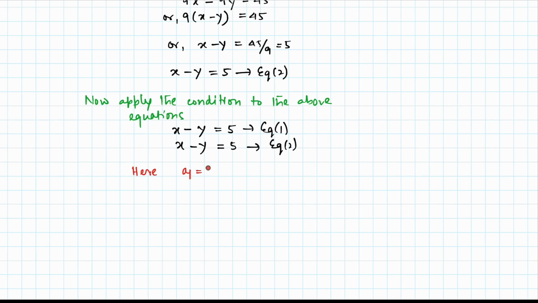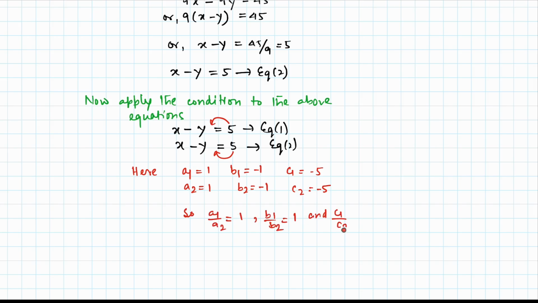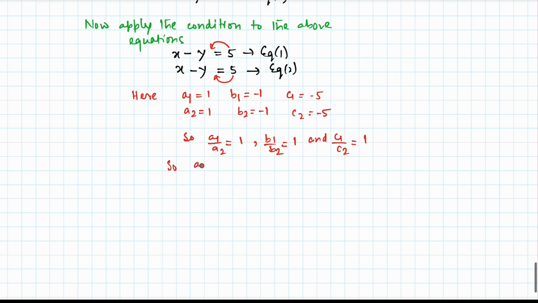If we use this condition technique, a1 by a2 is 1 by 1, b1 by b2 is minus 1 by minus 1, c1 by c2 is minus 5 by minus 5. If we take 5 to the left hand side in both the equations, a1 by a2 is 1, b1 by b2 is 1 and c1 by c2 is 1. So all the ratios are equal. So this means it has infinitely many solutions. We are not getting a single solution.